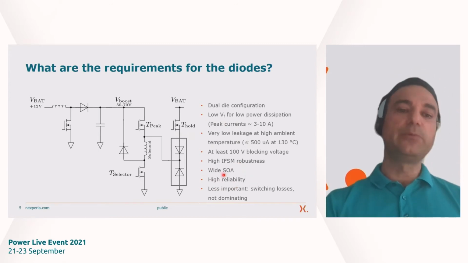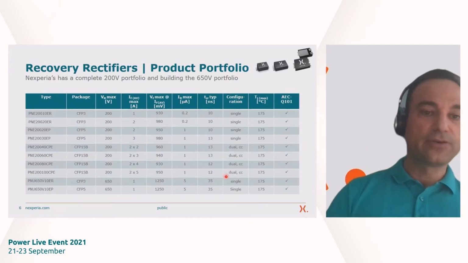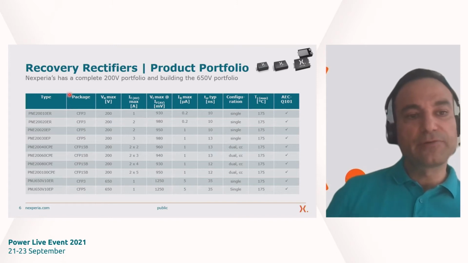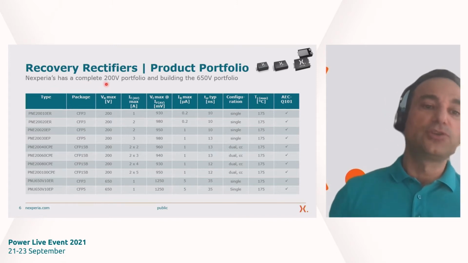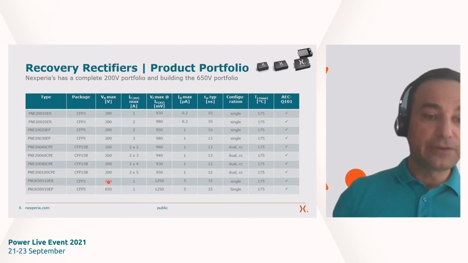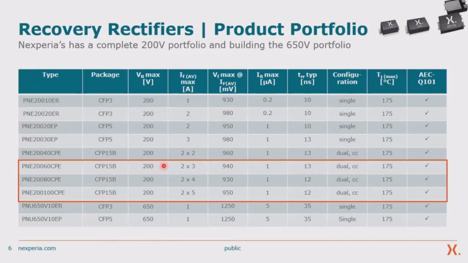Technology wise, I would recommend to go with recovery rectifiers. And on this page, you see the recovery rectifier portfolio of Nexperia, 200 and 650 volts. In particular, I would recommend to use the double die configured products.